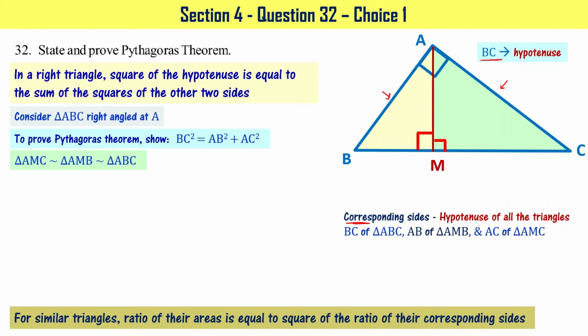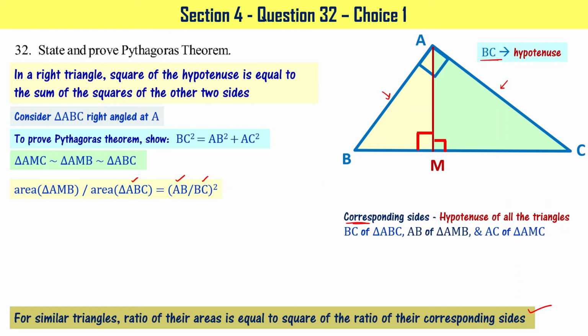Now, as per this particular theorem, area of triangle AMB divided by area of triangle ABC is going to be AB divided by BC whole square, because the corresponding sides, hypotenuse of triangle AMB is AB and hypotenuse of triangle ABC is BC.